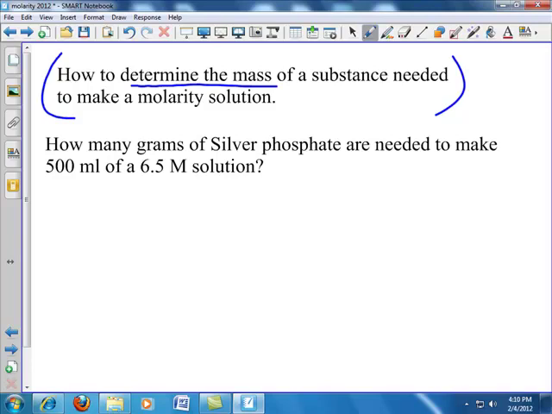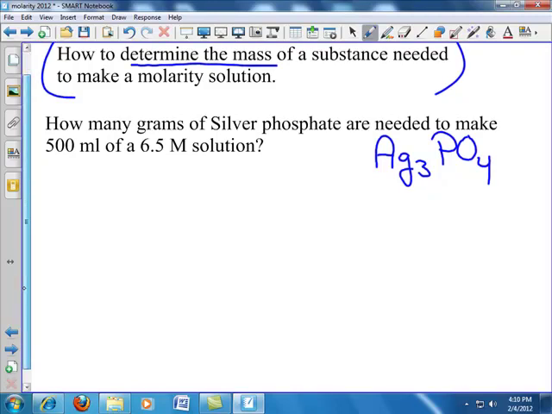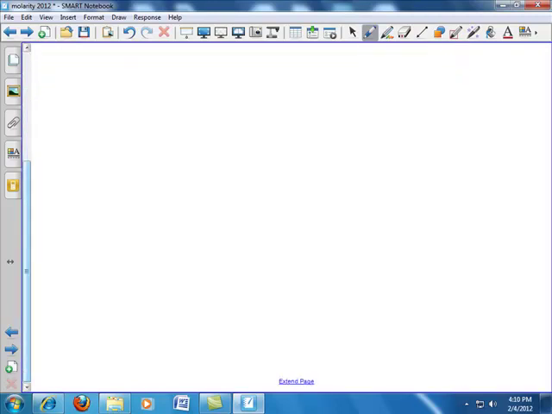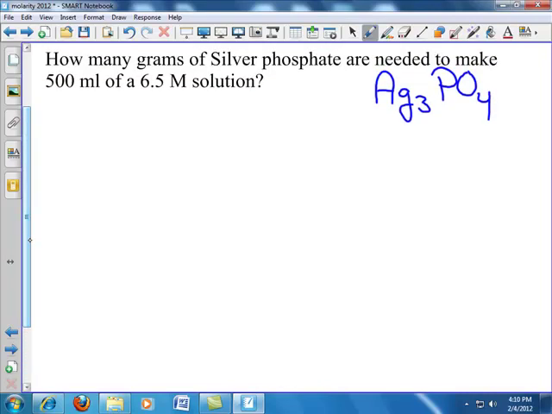And again, I didn't give you the formula of any of these, okay, because you should be good at coming up with formulas on your own. So the formula of silver phosphate you should be able to write out directly by now. Okay, so here's my problem. I want to know how many grams of silver phosphate are needed to make 500 milliliters of a 6.5 molar solution. Okay, so what you're looking for is grams.